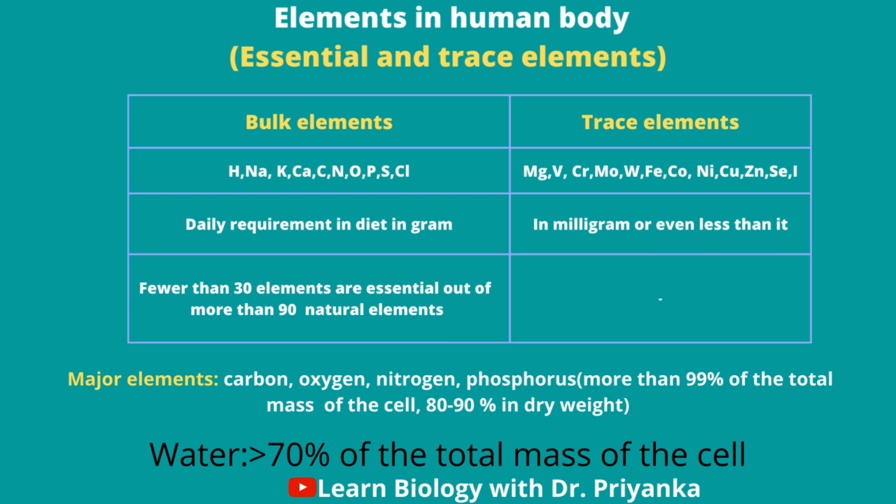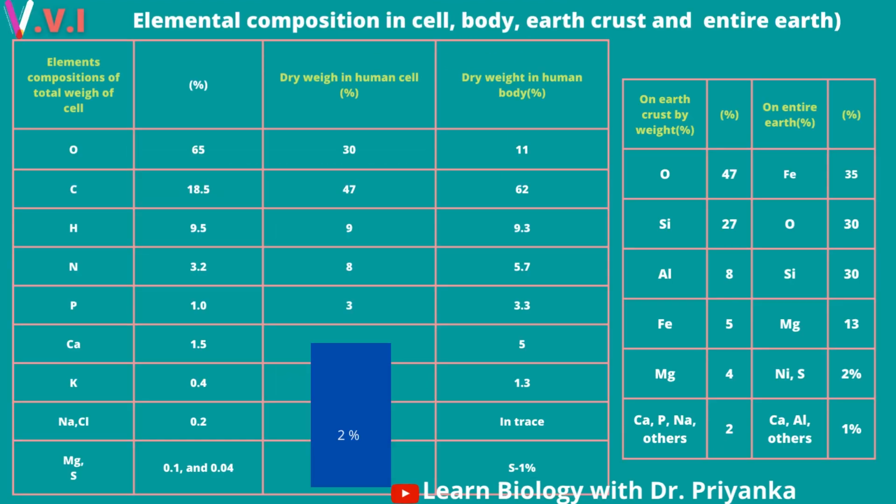So this slide is a very good representation of the elemental composition in the cell, body, earth crust and entire earth. Here we see the elemental composition of oxygen is 65% of total weight of the cell, 30% dry weight of the human cell, and only 11% dry weight in the human body.